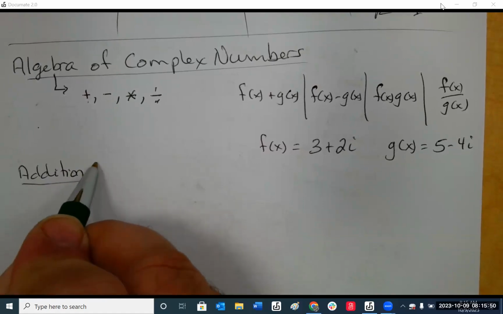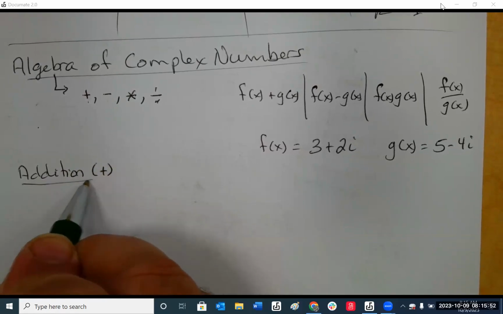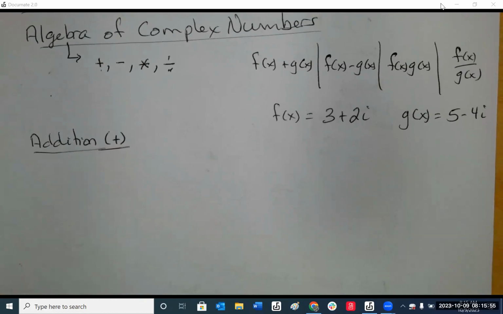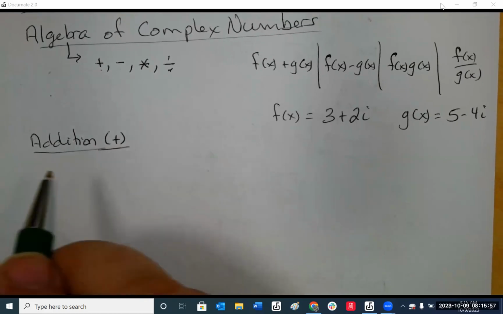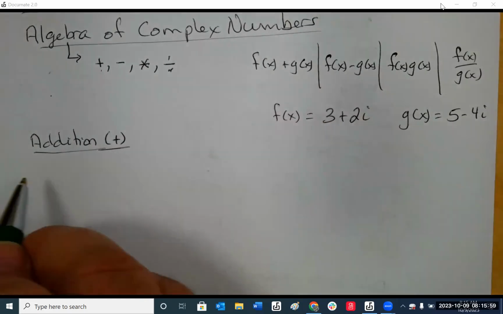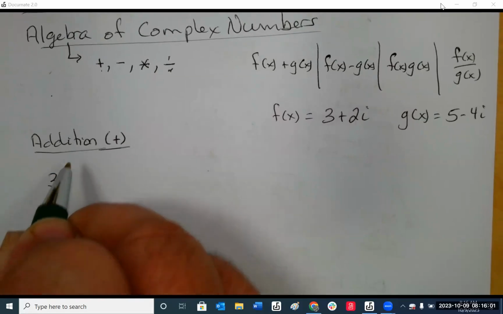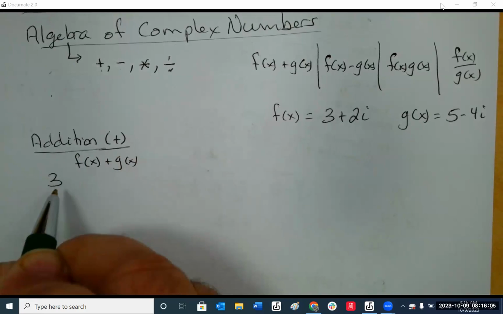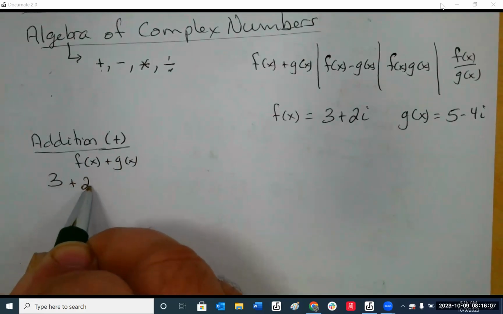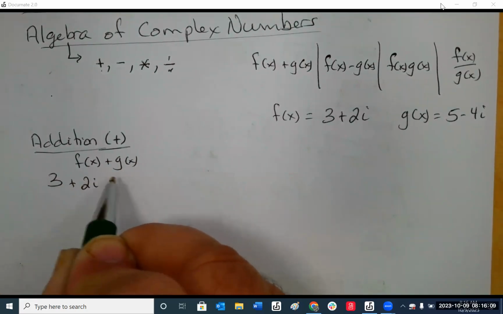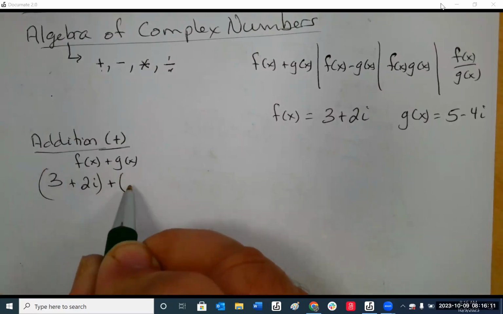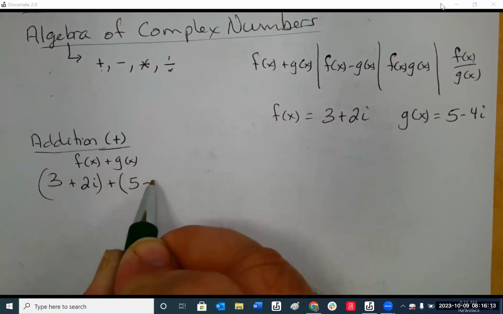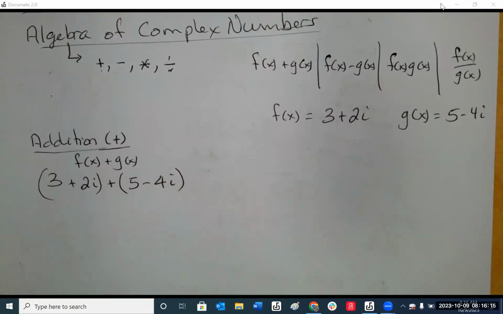Well, let's look at addition. We'll use these examples. We do f of x plus g of x. So we have 3 plus 2i plus 5 minus 4i.